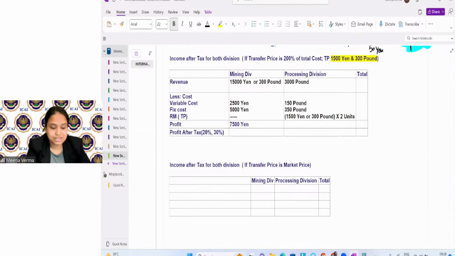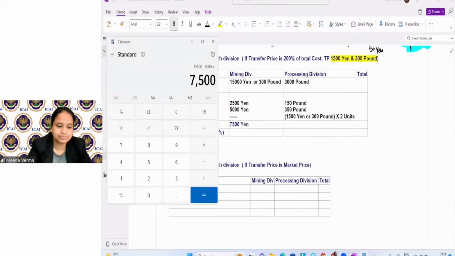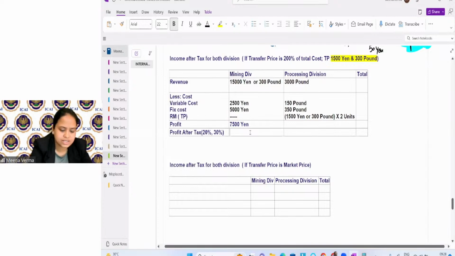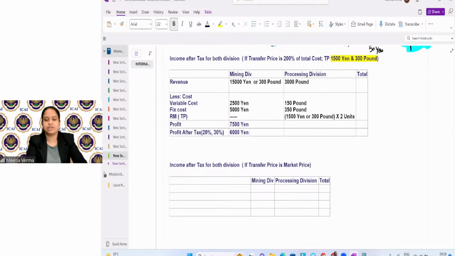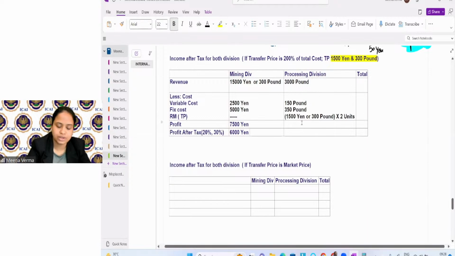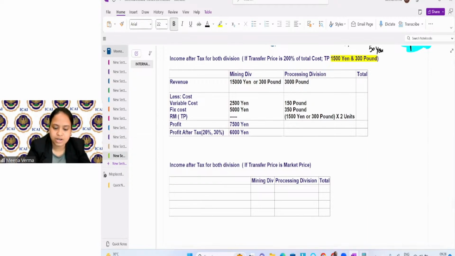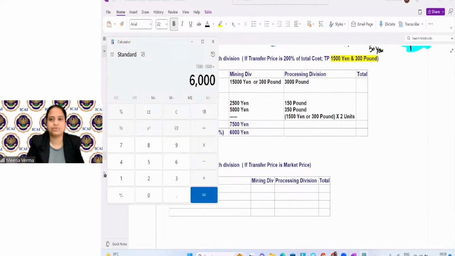Now pay 20% tax on it. 6,000. Net of tax, this amount is coming as 6,000 yen. All right. Okay. Now let's see what the amount is coming in pound.